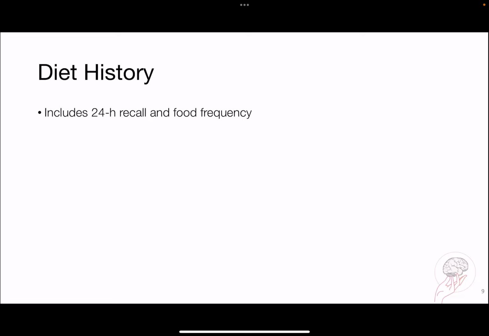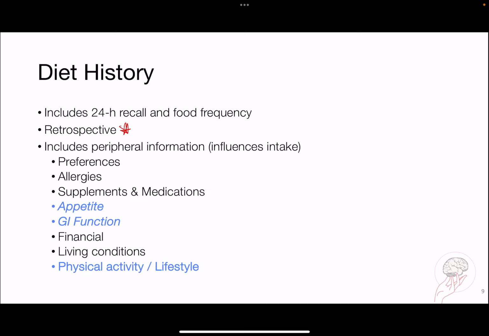So a diet history can include a 24-hour recall or a food frequency. And like I mentioned, these are retrospective. These can also include peripheral information. We can ask about people's preferences. How much did you like this?